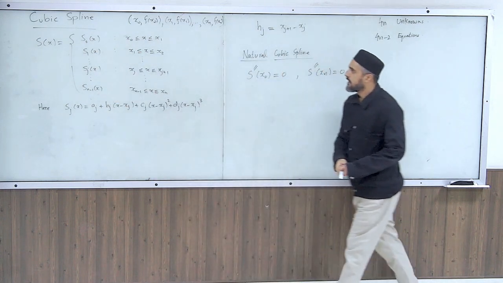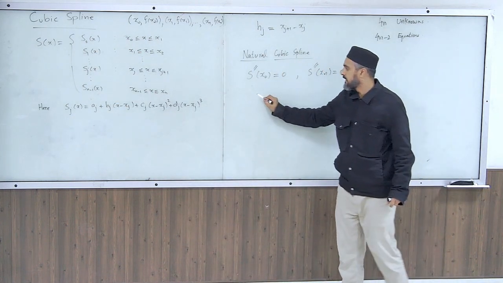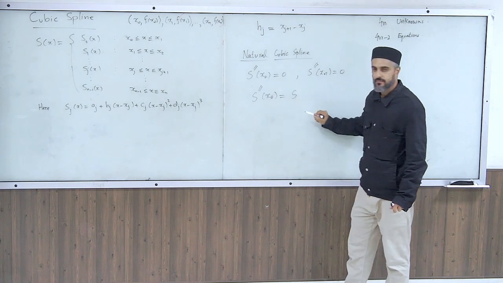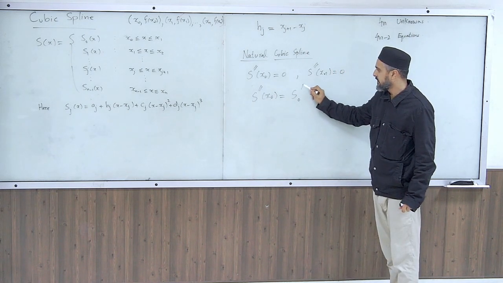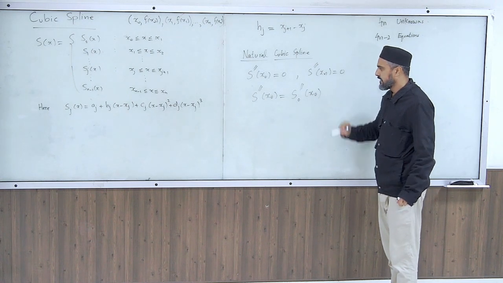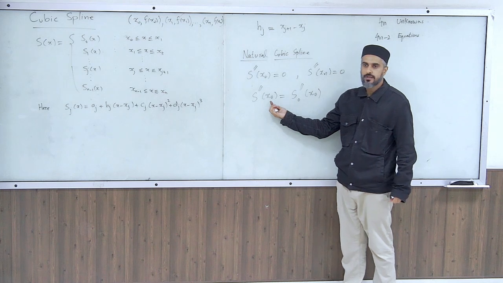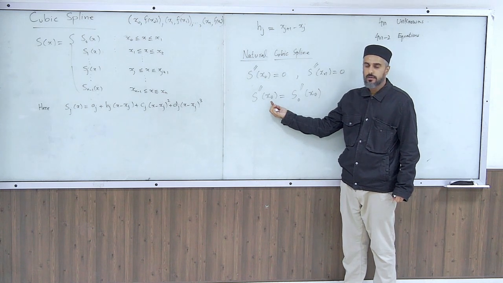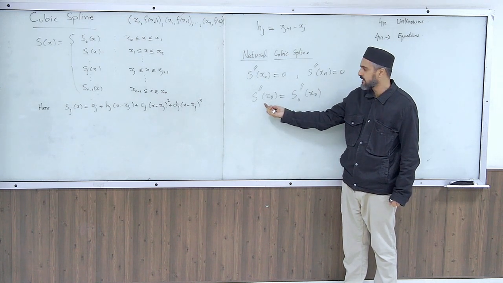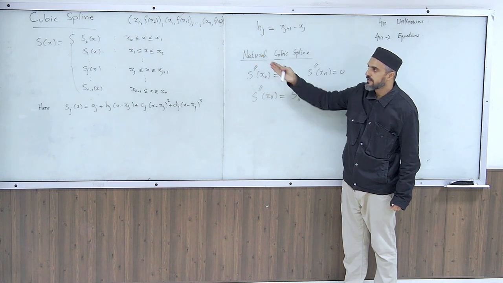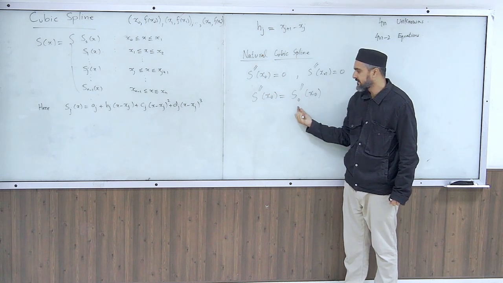So S second derivative of x0 means S0 second derivative at x0. If you want to find the value of S second derivative at x0, you have to choose the interval where S has a representation, which is S0.